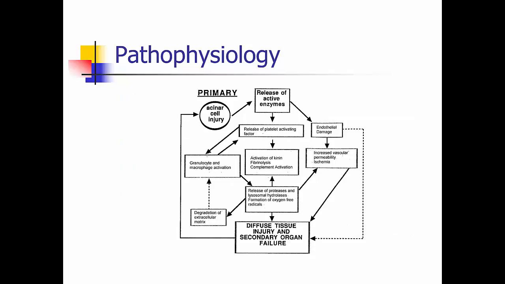So if we looked at kind of a picture of what's going on here, we can start with that primary injury to the acinar cell, and you get a release of active enzymes. And that causes two things to happen. There's the release of platelet activating factor and endothelial damage.